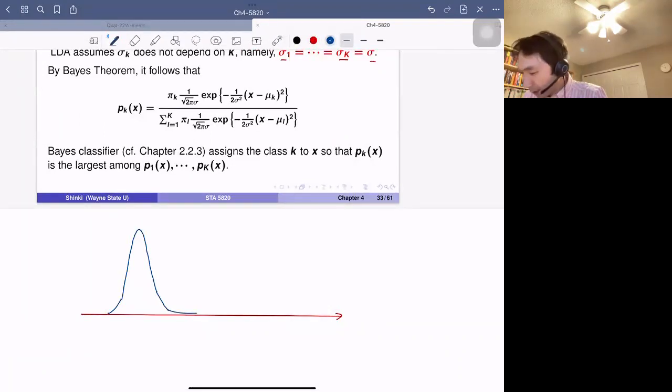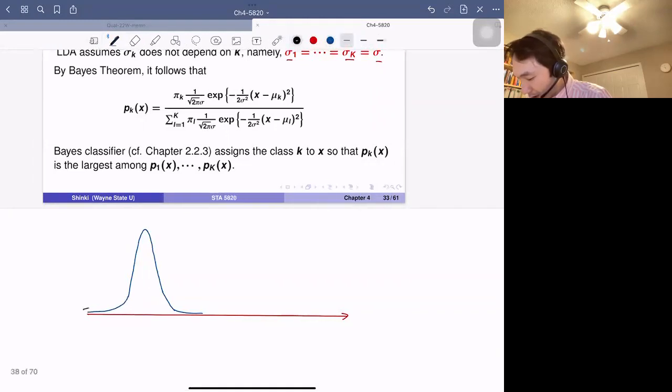Class 1, maybe, looks like this, right? And the second distribution, the black one, is wider but much lower, like this.